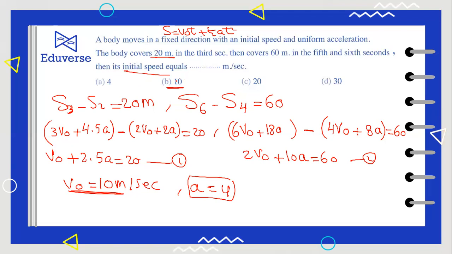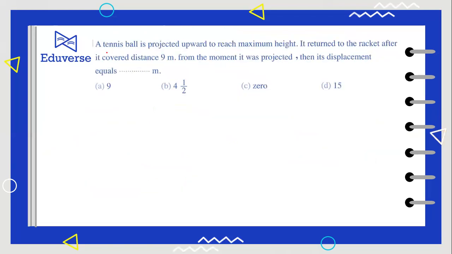Next example. A tennis ball is projected upward to reach maximum height. It returns to the racket after it covered distance 9 meters from the moment it was projected. Then the displacement equals what? Okay, the body is returned to the point of projection again.